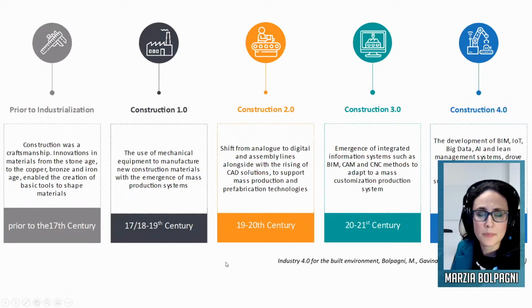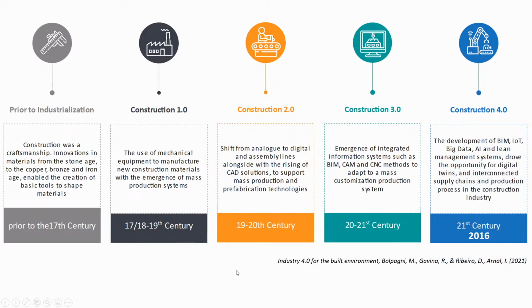What you will see here, and can also read in more detail in the book, is how construction reacted to the different industrial revolutions. Starting from the first revolution with the new materials that helped us create new buildings, and also mass production, to the second industrial revolution, when we started to use CAD, and then the third revolution, when we started to speak about BIM, and also facility management systems, and so on.